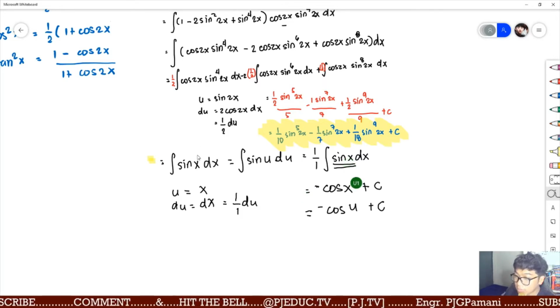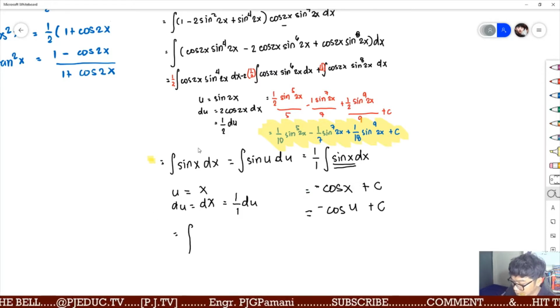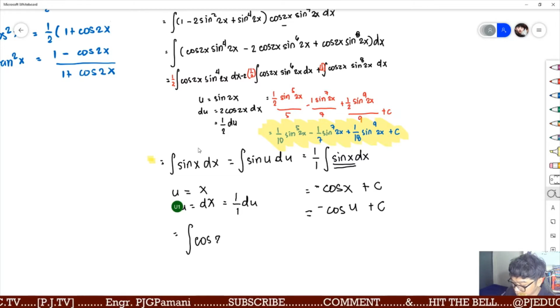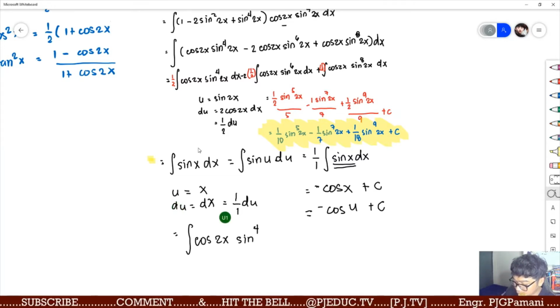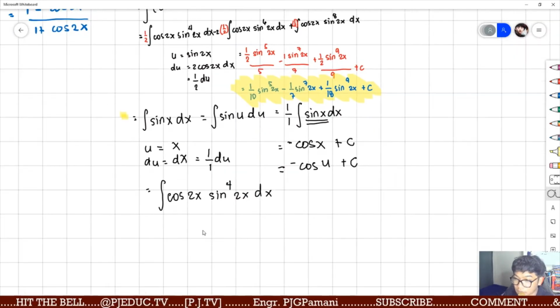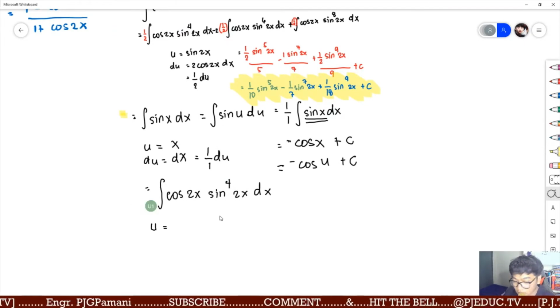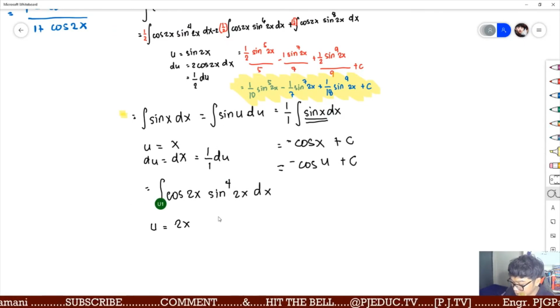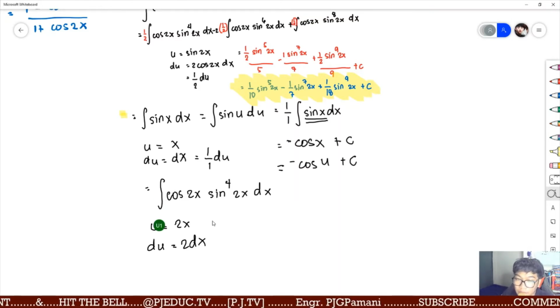But in this example, meron tayong common terms. Kunin natin yung una. Cosine 2x of sine 4 2x dx. Okay? If we consider u equal to 2x, it has now a differential of 2 dx. Tama?